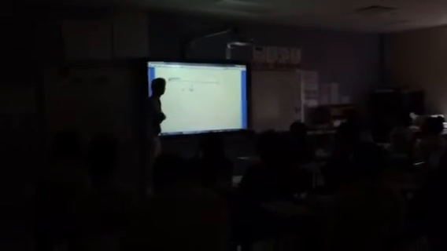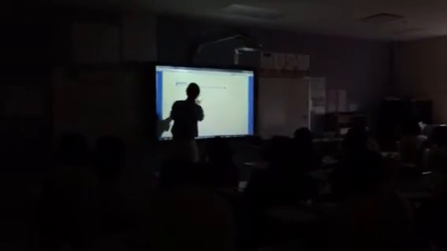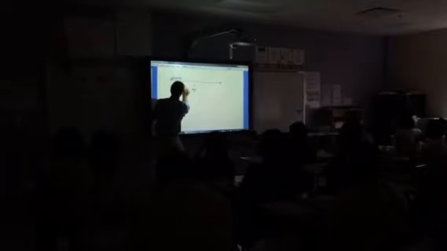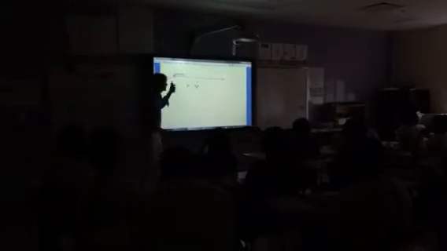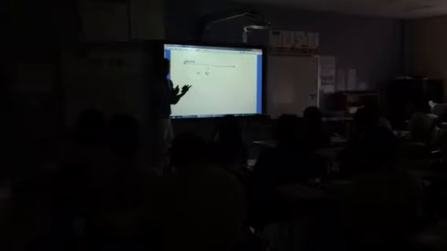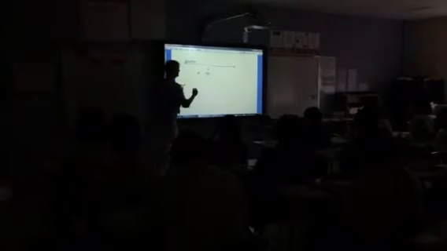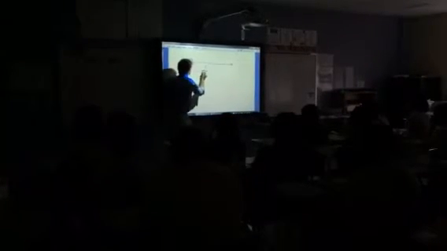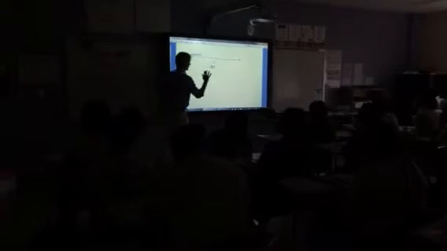Not to the directrix. Wait, hold on. When we're talking about the distance to the directrix, we're not talking about the distance to the middle of it. We're talking about just the closest distance, the perpendicular distance. So do those lines look about right? About equal? Okay, good. So that is on there.